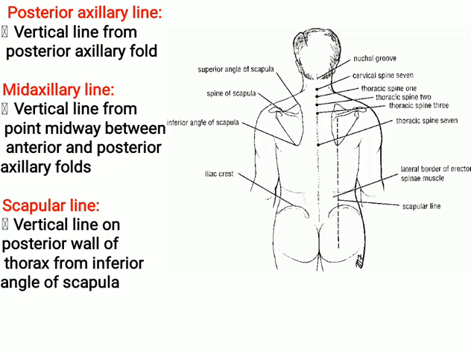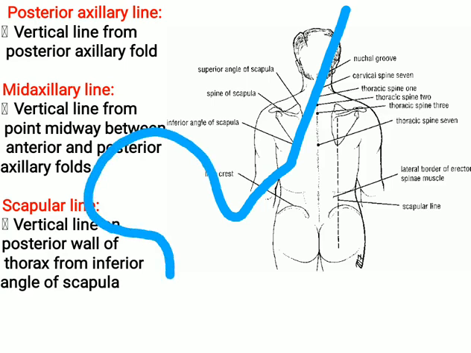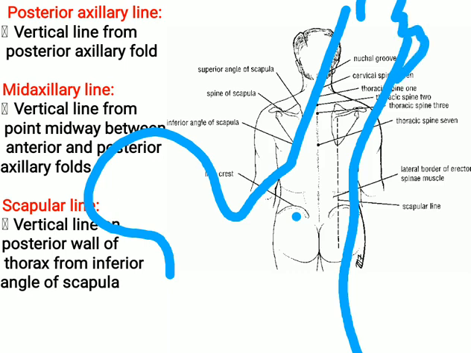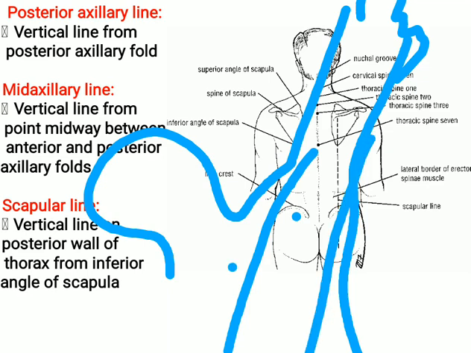So let me try to draw something over here. This is the region of the armpit. This is the head with the hand being raised upwards. These are someone's hands. This is the anterior axillary fold. This is the posterior axillary fold.